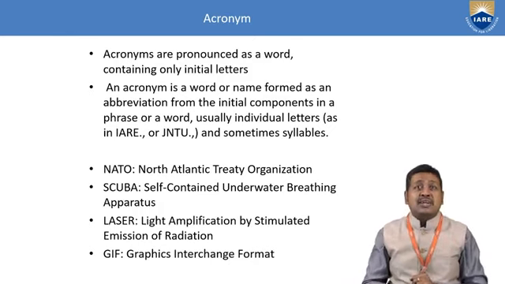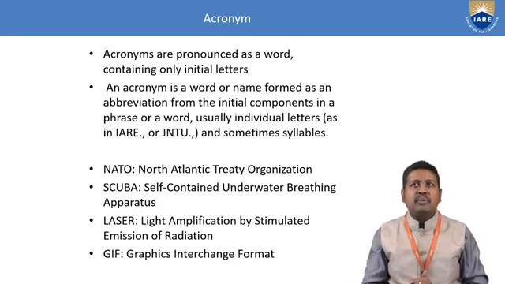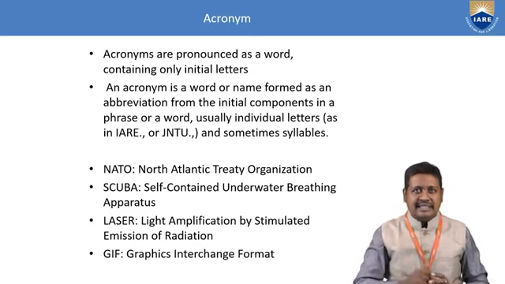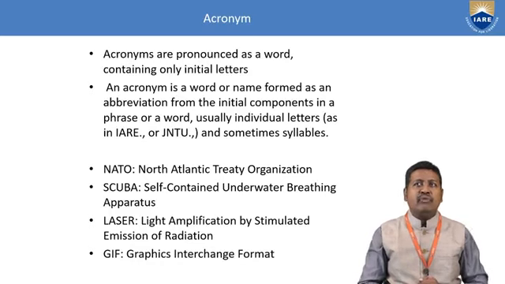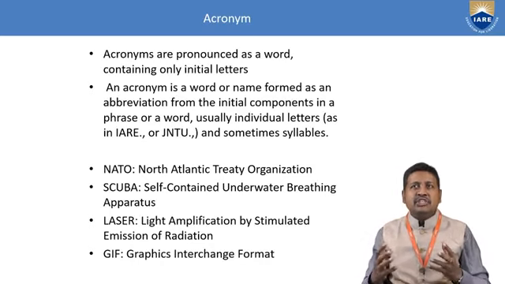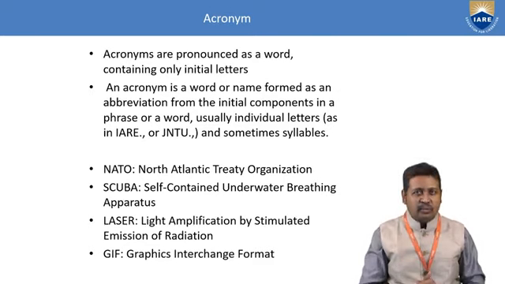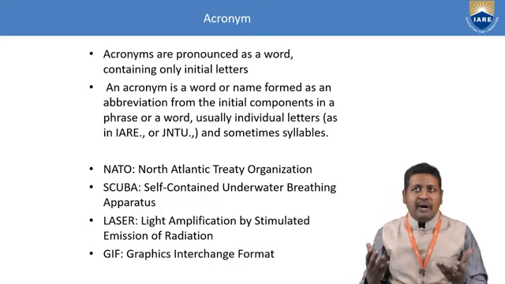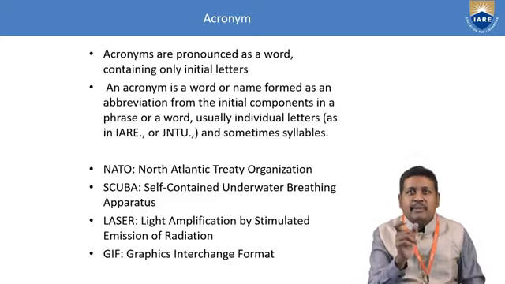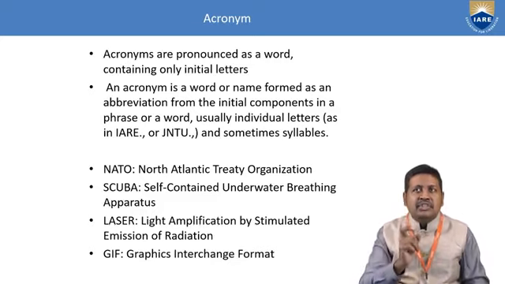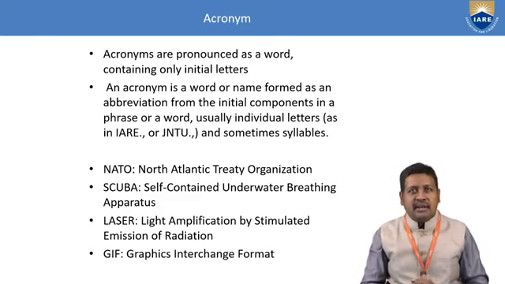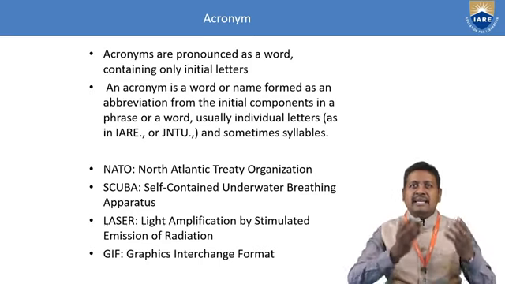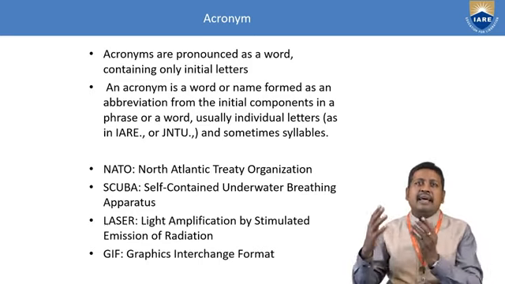Well, the fourth one is acronym. Acronyms are pronounced as a word containing only initial letters, only the starting letters. An acronym is a word or name formed as an abbreviation from the initial components in a phrase or a word, usually individual letters, as in IARE, for example, Institute of Aeronautical Engineering.